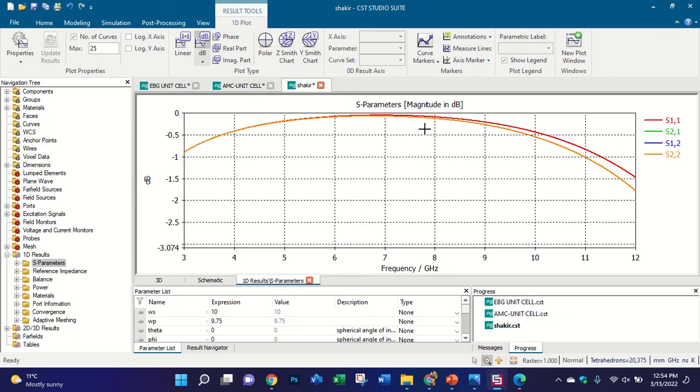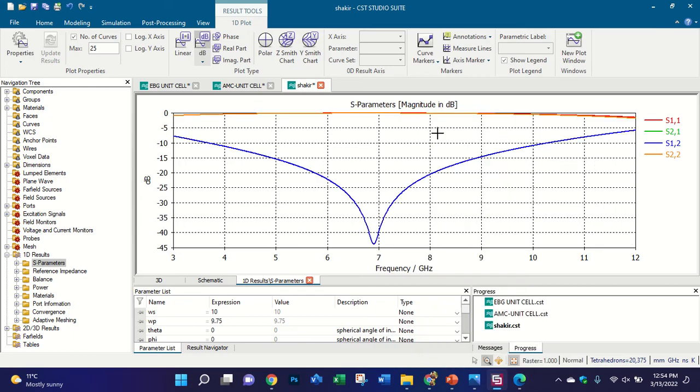When you simulate you will get different results, and you may not get the desired results, so you need to improve that, and in some cases you only target the results that you need.